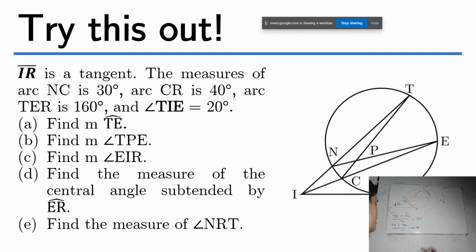TE equals 70 pala. Ayun. Gets na? Let's see. NC 30. 70 minus 30 over 2. Ayan. Okay. Gets na, guys?